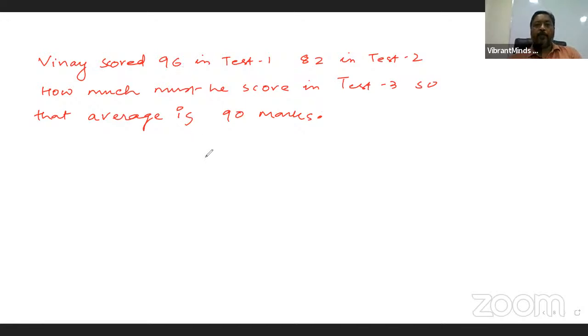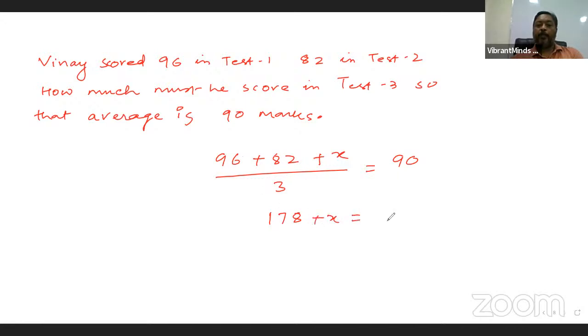Now see, how do we do it? 96 plus 82, and let's say in test 3 I have scored X, divided by 3, and it should be 90. Isn't it? 96 plus 82 plus X, what will it be? 178. 178 plus X should be 3 times 90, which is 270.